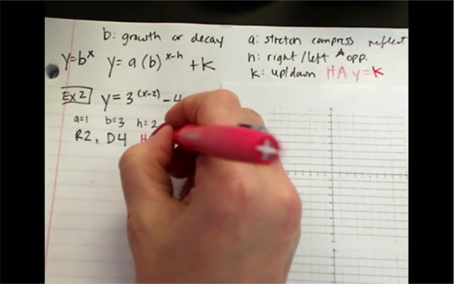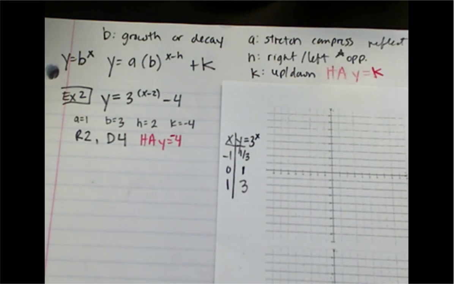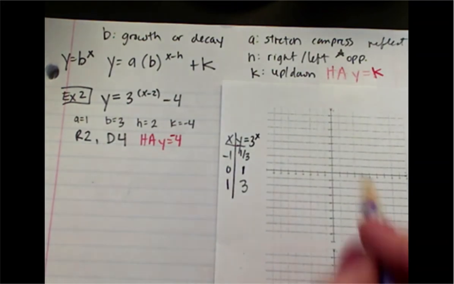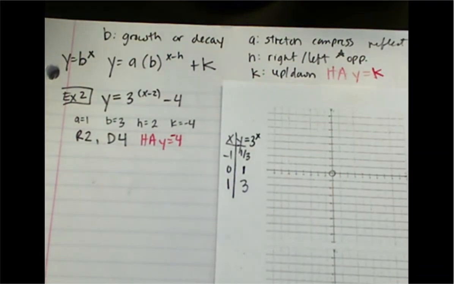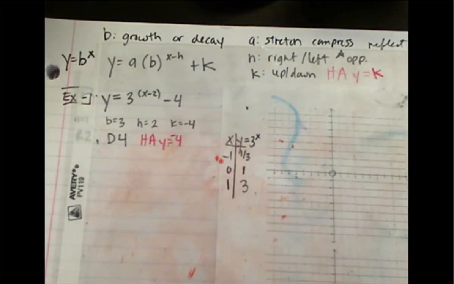Okay. I'm going to sketch my parent very lightly in pencil. I would suggest that you don't do this. Okay? I'm going to mark the center of my graph, which is 0, 0. Okay, there's the center of my graph.